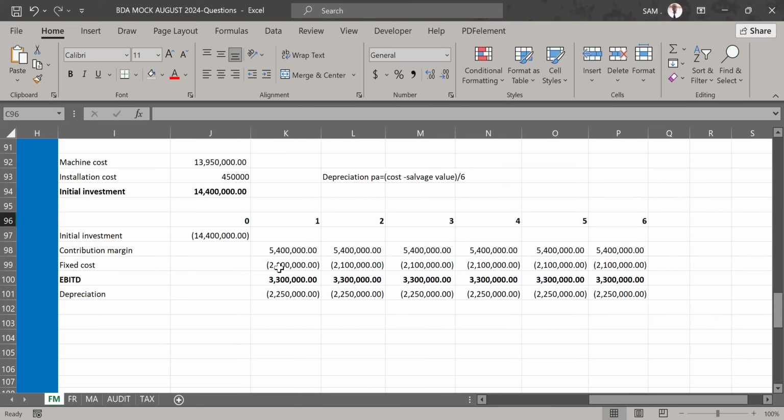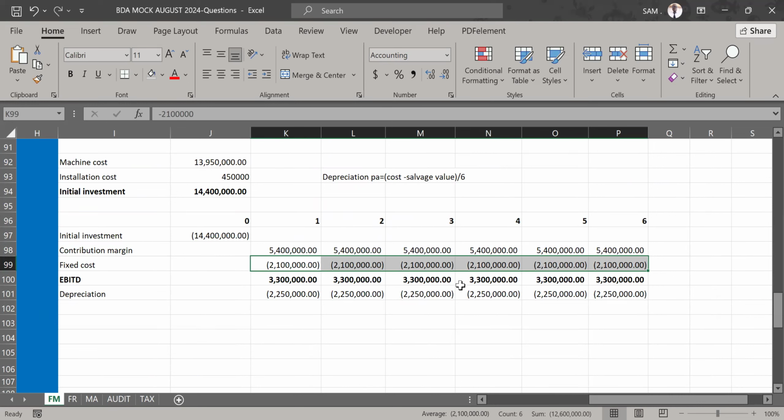So that's why we also brought them in as negatives, 2.1 million for the 6 years. After that, that is what gives us the first element of profit, which we just call earnings before interest, before tax, and before depreciation. That profit element is the first category of profit that we are realizing.